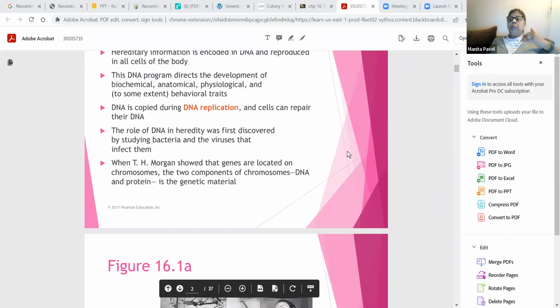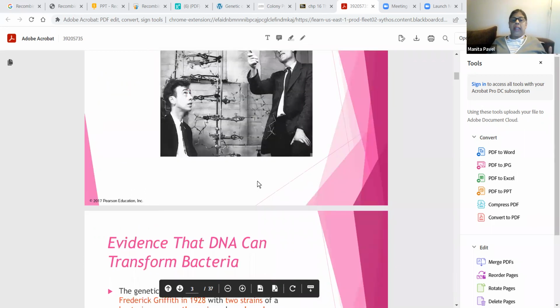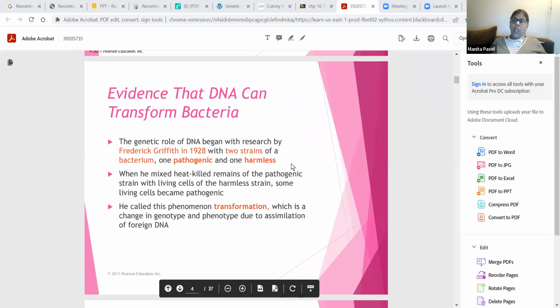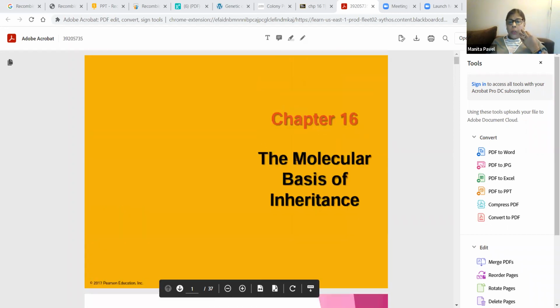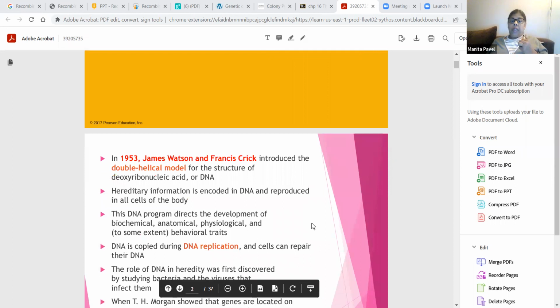And now it was a scientist by the name of T.H. Morgan, Thomas Hunt Morgan, who showed that genes are located on chromosomes and that chromosomes are composed of both DNA and protein, which is the genetic material of the cell. So in this chapter, they want to prove that it was the DNA, which is the molecule of inheritance. It is not chromosomes that is the basis of inheritance.